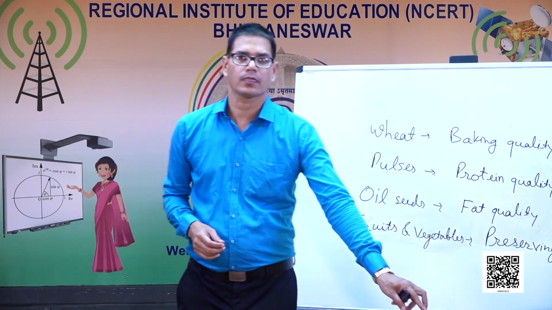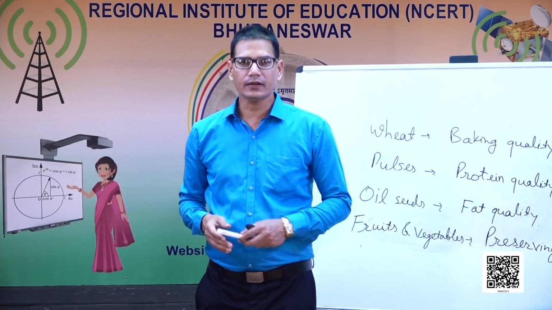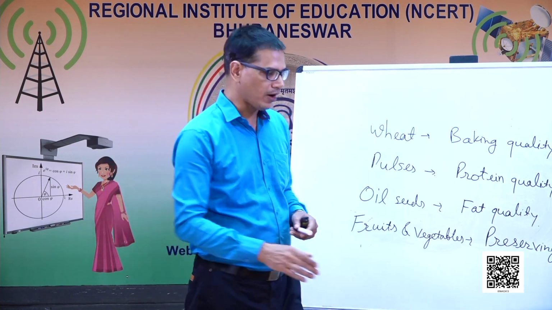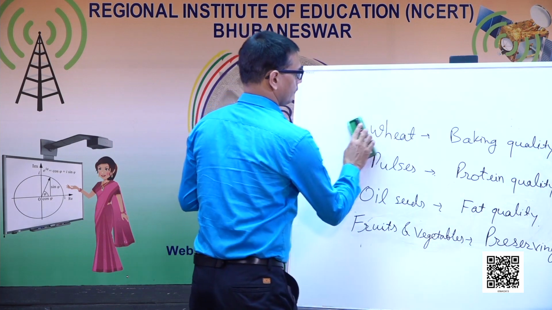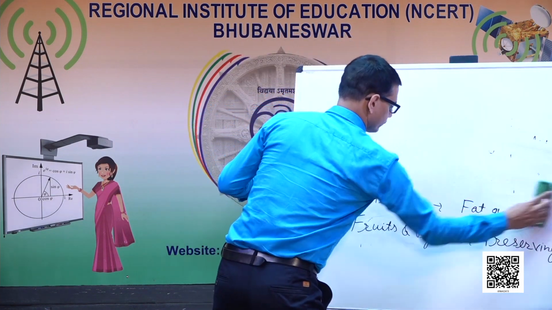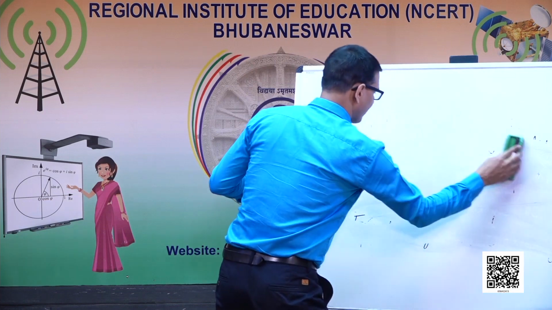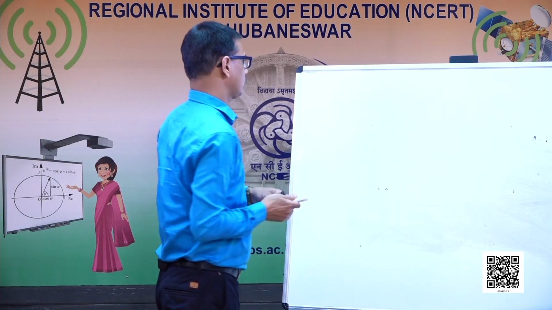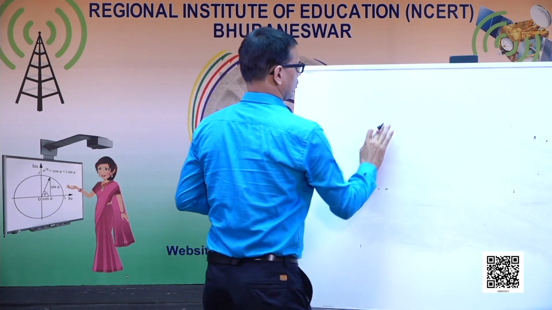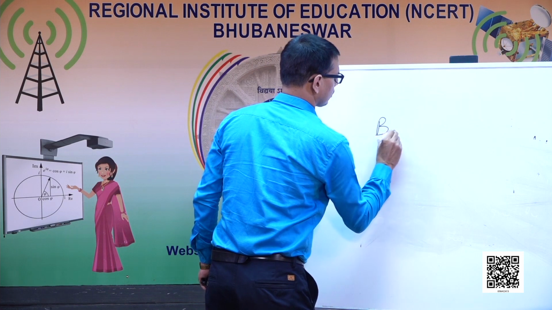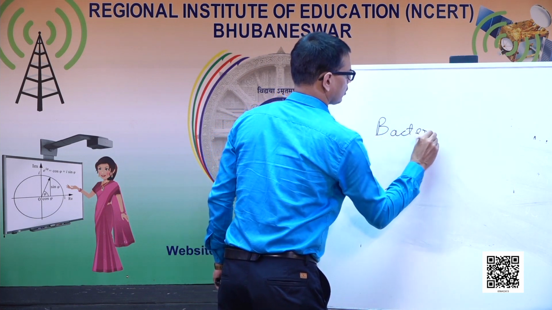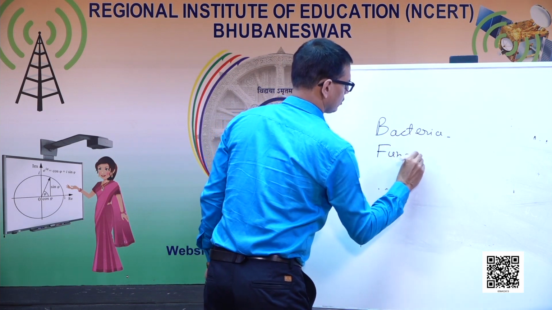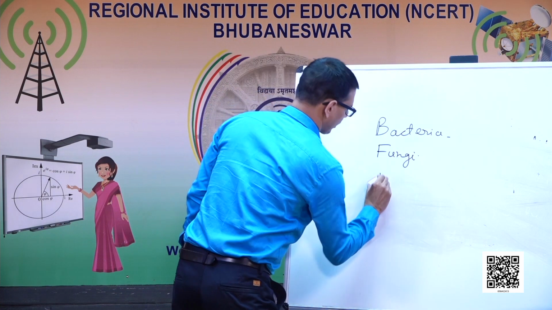Next, biotic and abiotic resistance. What is this? Biotic factors, as you know, they are bacteria, fungi, protozoa, and parasites.